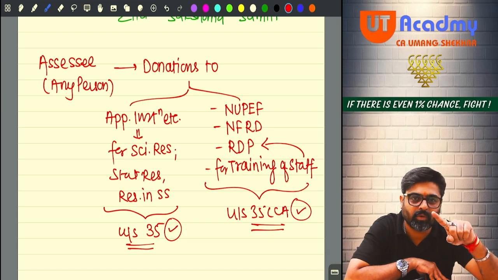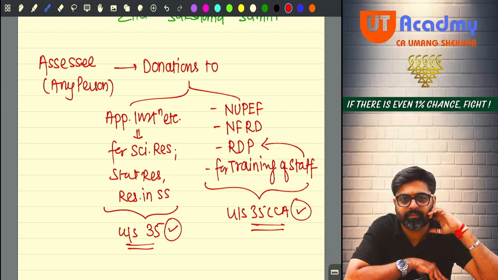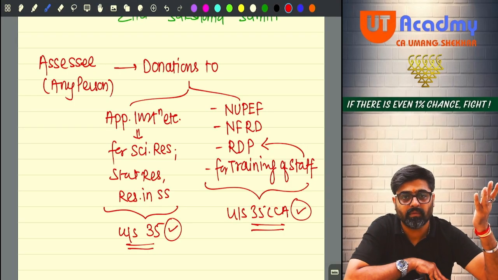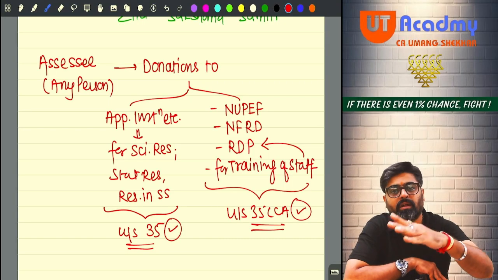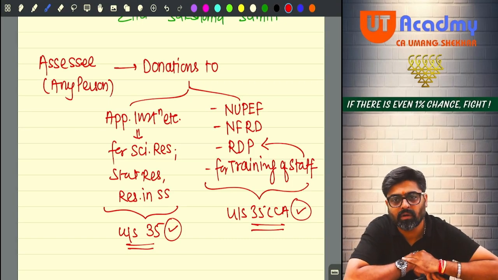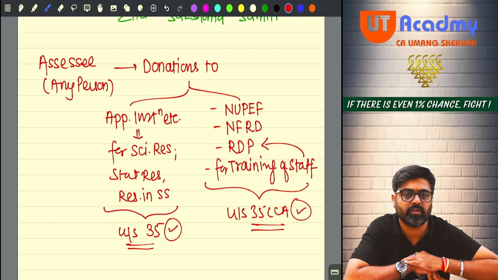Claim this entire amount as a deduction under 80 GGA. But for that you should not be earning PGBP income. Because if you are earning PGBP income, you would have definitely taken the deduction under section 35 or 35 CCA for these donations, no? Then why are you coming to claim it again under 80 GGA? 80 GGA will be allowed only to those people who cannot claim these donations under 35 or 35 CCA because they are not earning any PGBP income.